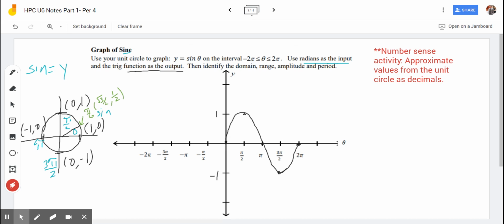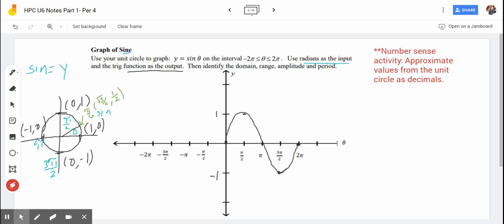If we recall the left-hand trick, we can put down our ring finger and see that our coordinate is going to be radical 3 over 2, comma 1/2. So if we think back to approximating values for the unit circle, take a second to think about what pi over 6 would be as a decimal.